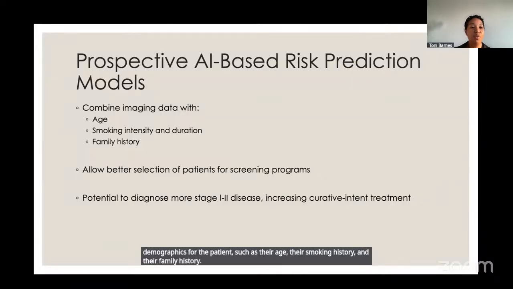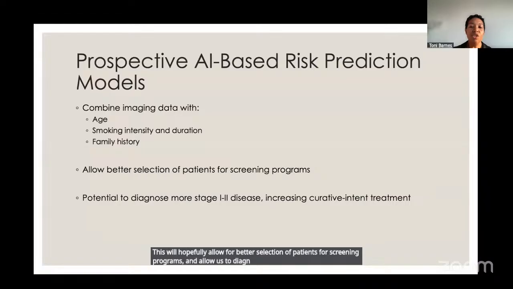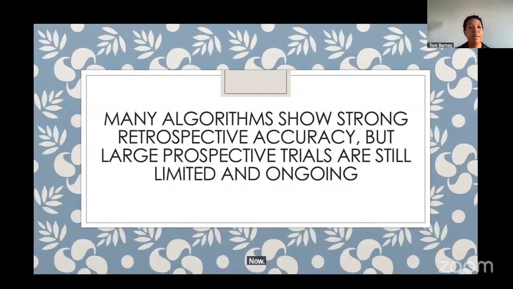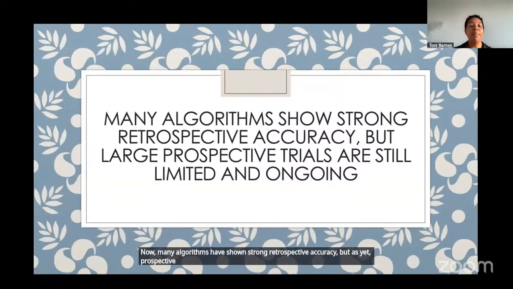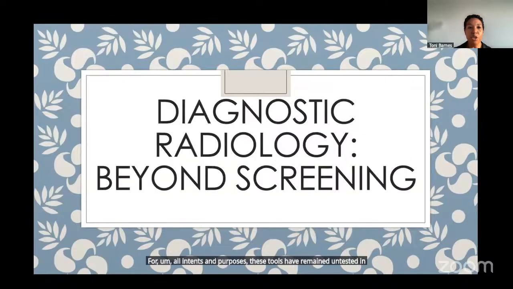This will hopefully allow for better selection of patients for screening programs and allow us to diagnose more early-stage disease, thus increasing curative intent treatment. Now, many algorithms have shown strong retrospective accuracy, but as yet, prospective trials have not been completed. So for all intents and purposes, these tools have remained untested in clinical application.